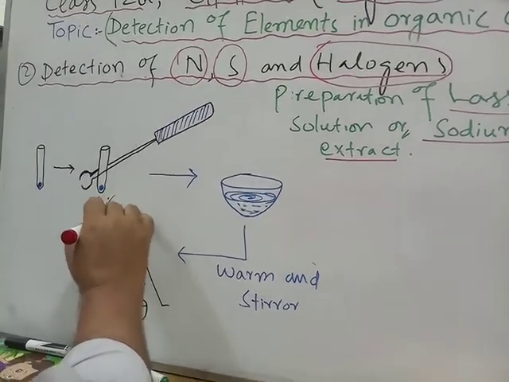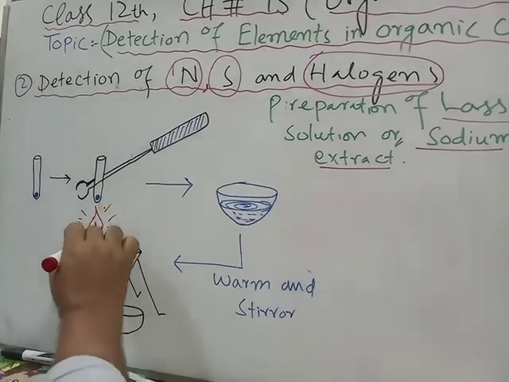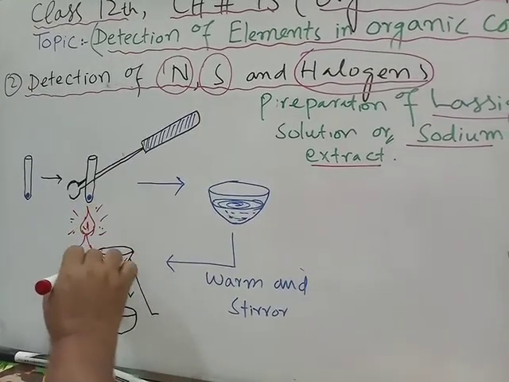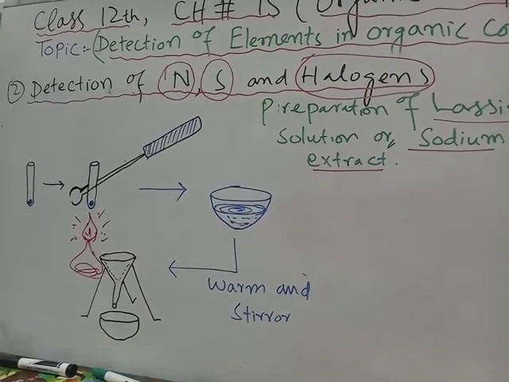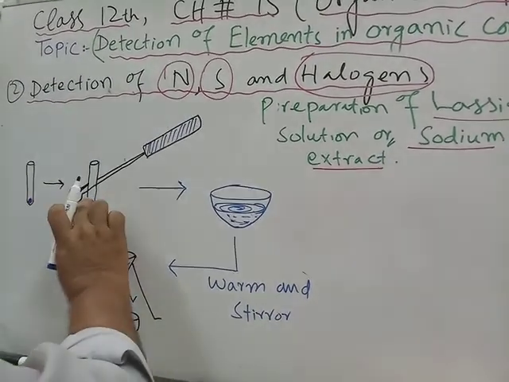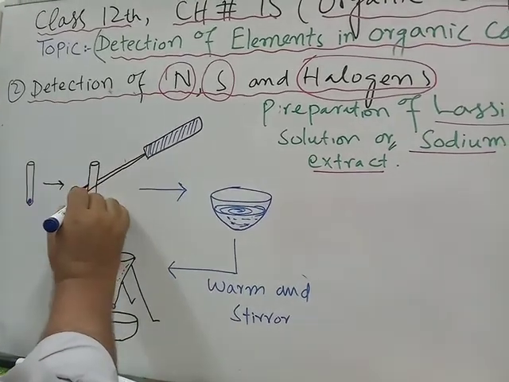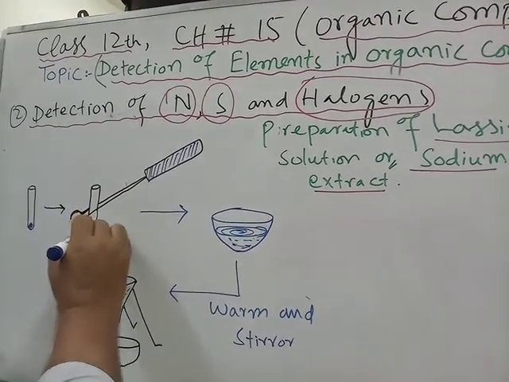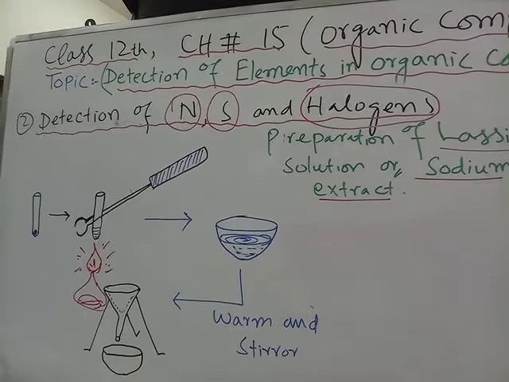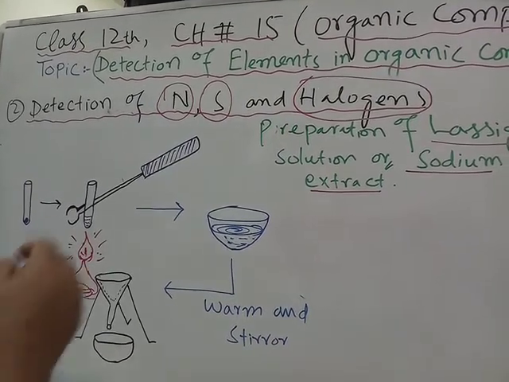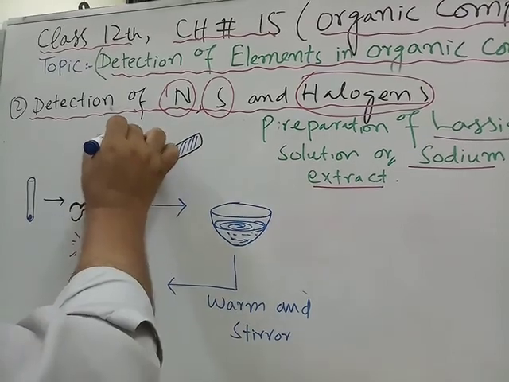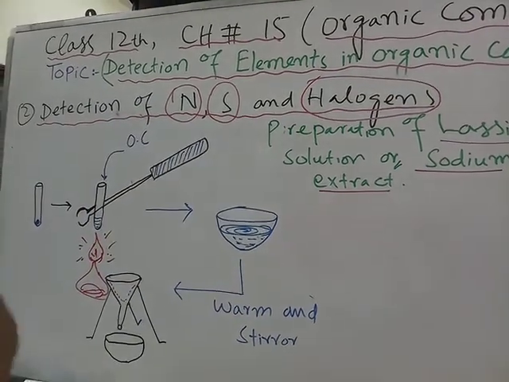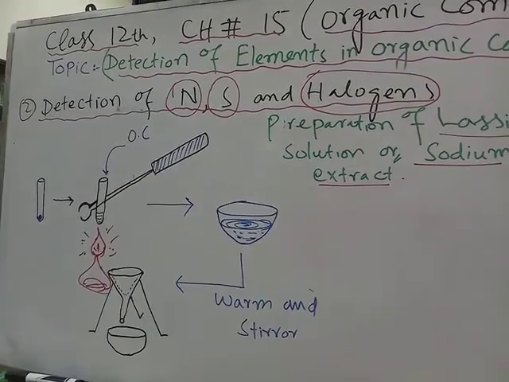When we start heating it under the spirit lamp or Bunsen burner, whatever you have in your lab, the sodium piece will melt. Then add the desired organic compound which you are going to test for various elements.